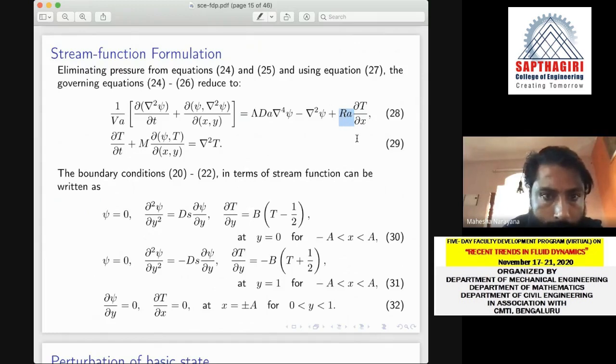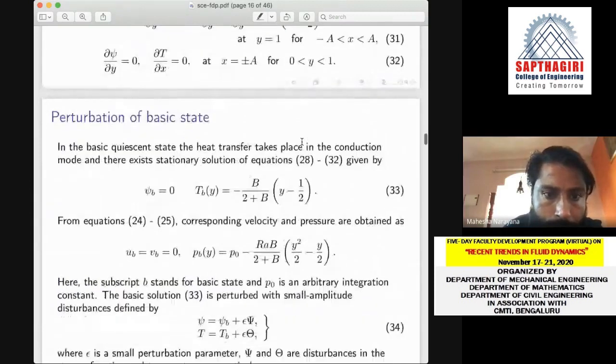Okay, so Ra acts as an eigenvalue for this particular problem.